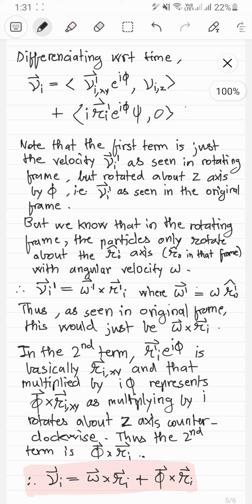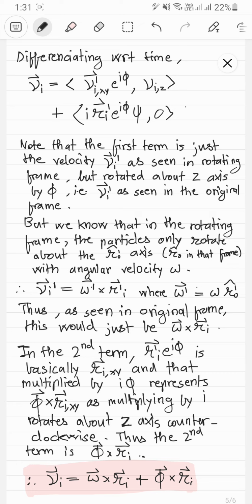Now note that the first term is just the velocity vi dash as seen in the rotating frame, but rotated about the z-axis by phi. The original vi dash would just be this whole thing, but without that e power i phi.